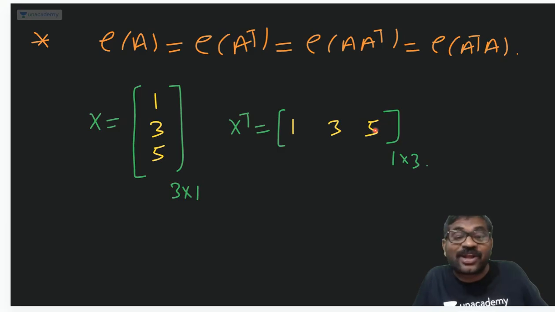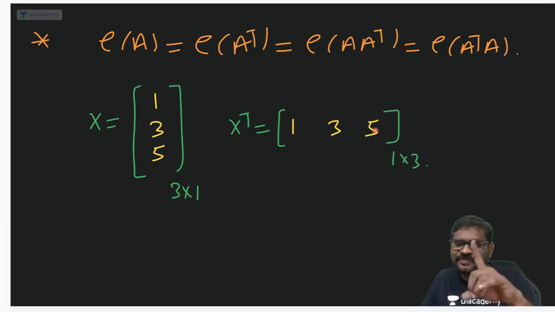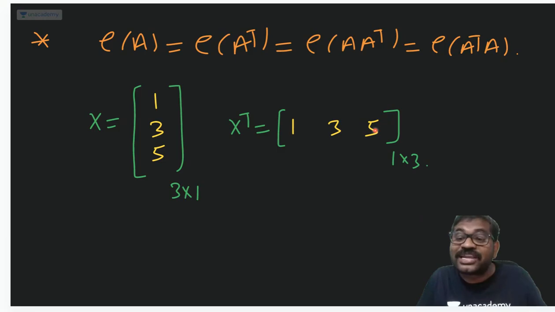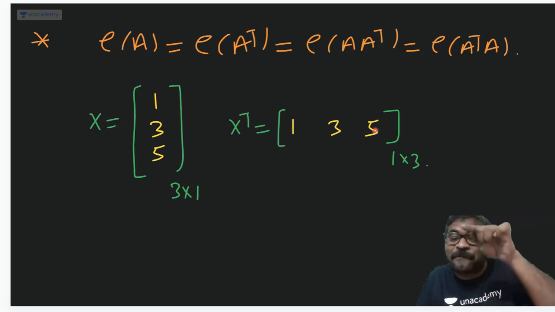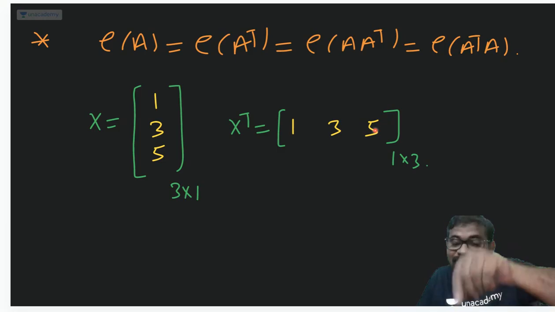What is rank of X? 1. X transpose, what is the highest possible minor of X transpose? 1 cross 1. The 1 cross 1 minor is non-zero. So rank is 1. So rank of X is 1. Rank of X transpose is 1, because in X and X transpose, the maximum possible minor is 1 cross 1. That 1 cross 1 minor is non-zero. That's why rank is 1.